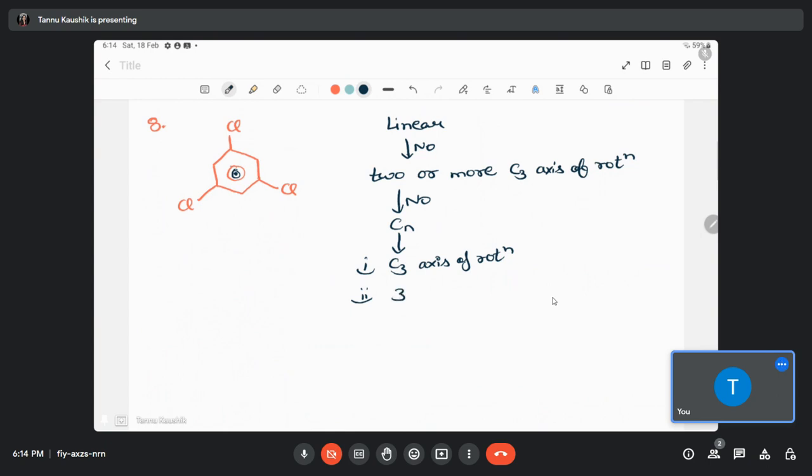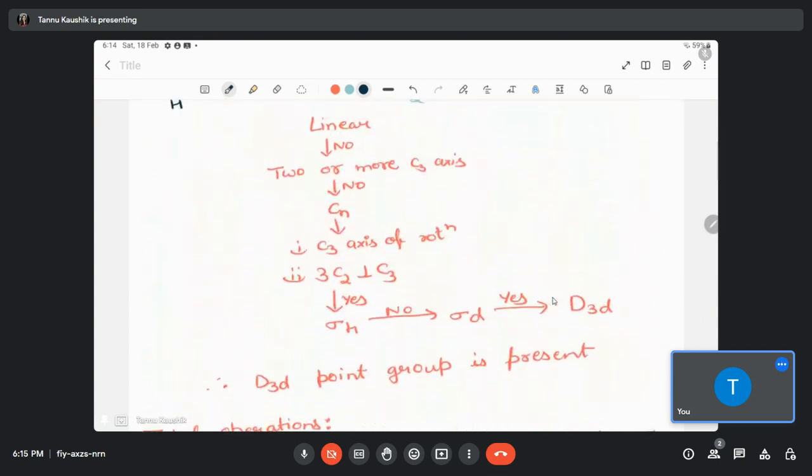Yes. Yes, there are C2 axes perpendicular to C3.